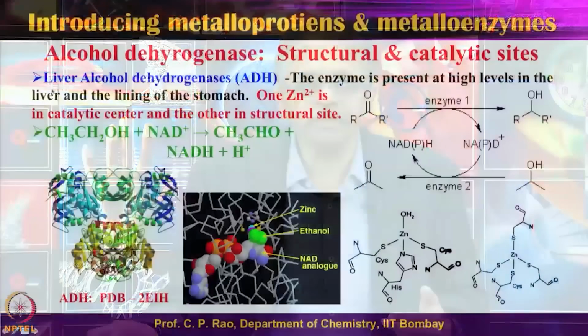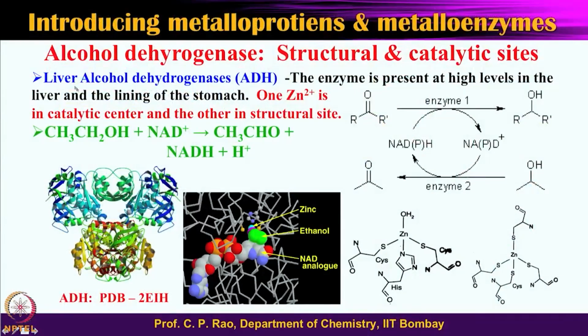This enzyme will convert the ethanol you consumed into the corresponding aldehyde, and thereby the feel of the alcohol consumed is brought back to normal. So, this enzyme is essential if you were to consume alcohol.